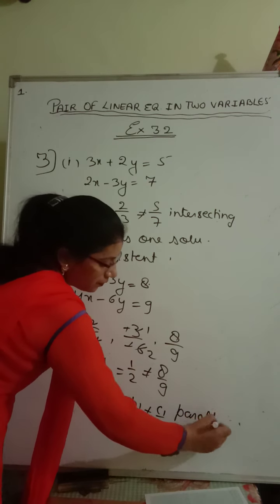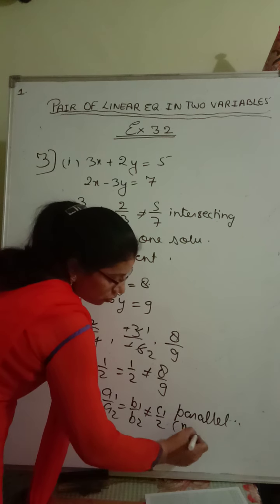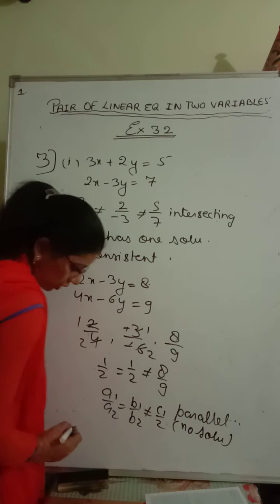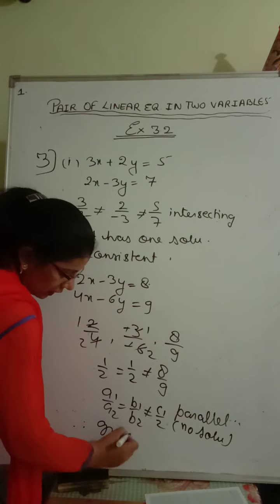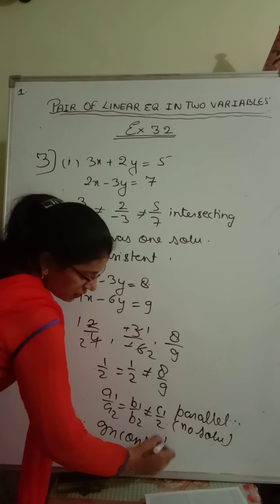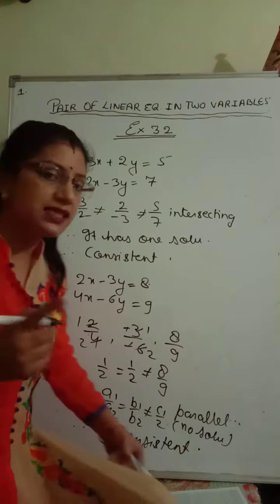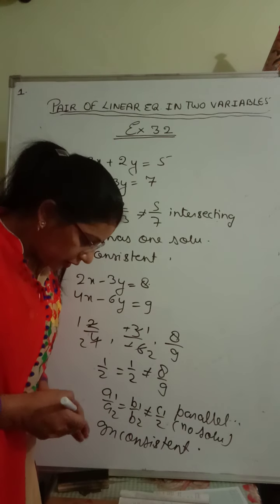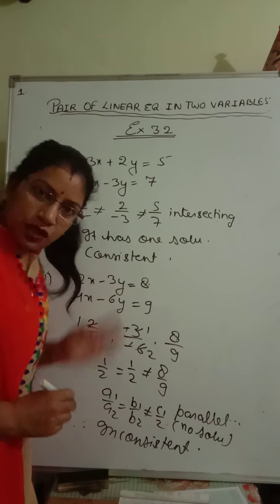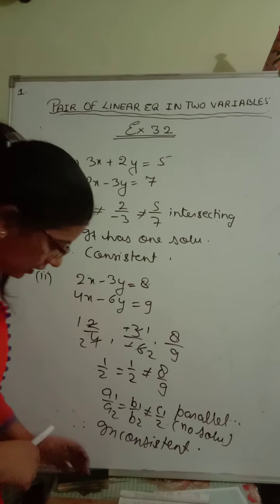Parallel. Therefore no solution. कोई solution नहीं होगा. So therefore inconsistent. और अगर coincident आएगी तो भी consistent होगी. ठीक है? Rest parts you do yourself because they are very easy, same like this.